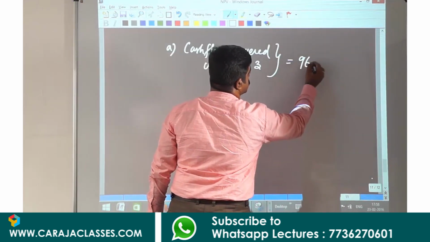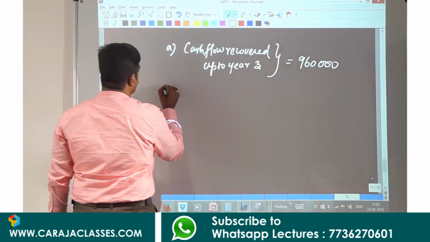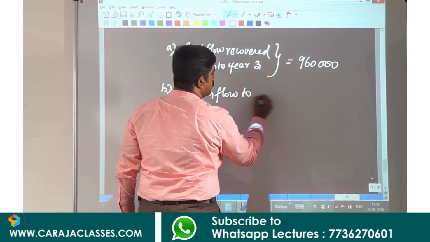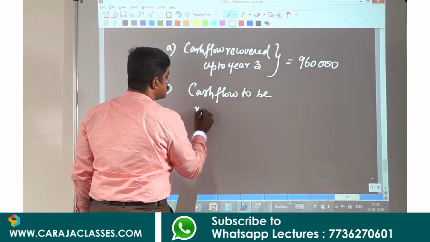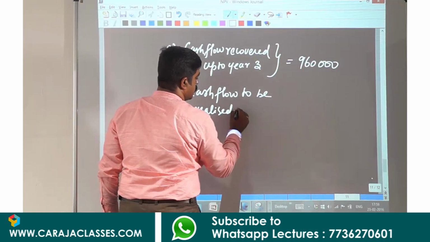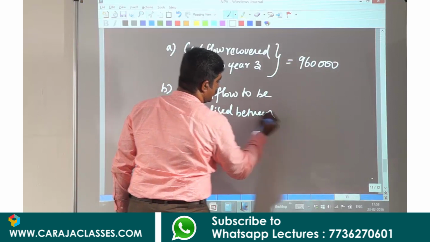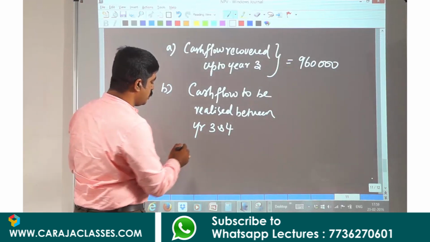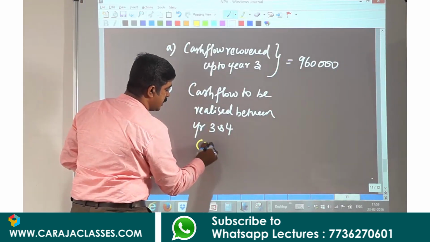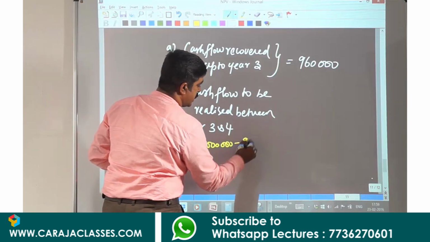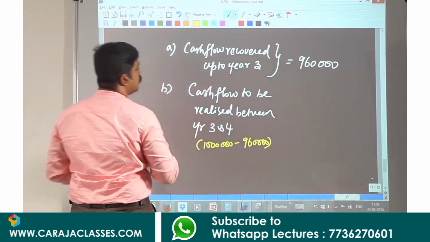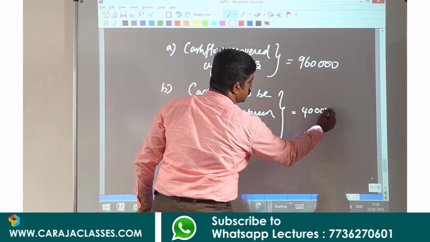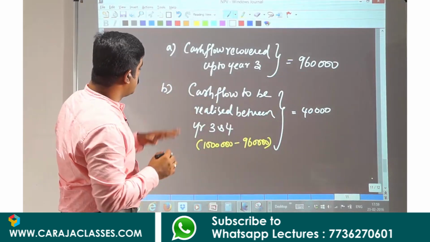Item B: cash flow to be realized between year 3 and 4, so that you can have your entire 10 lakh. And how do you write that? It is 10 lakh minus 9,60,000. So how much is it? It is 40,000. So this is the amount you want to recover between year 3 and 4.